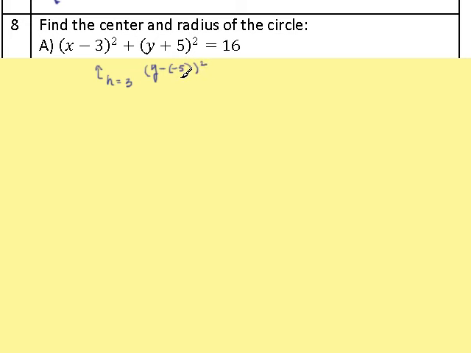Okay. So k is minus 5. All right, so if we have a negative here, the x coordinate will be positive, and since this is positive, the y coordinate of the center is negative. So there's the center. And this is r squared, so the radius is 4.